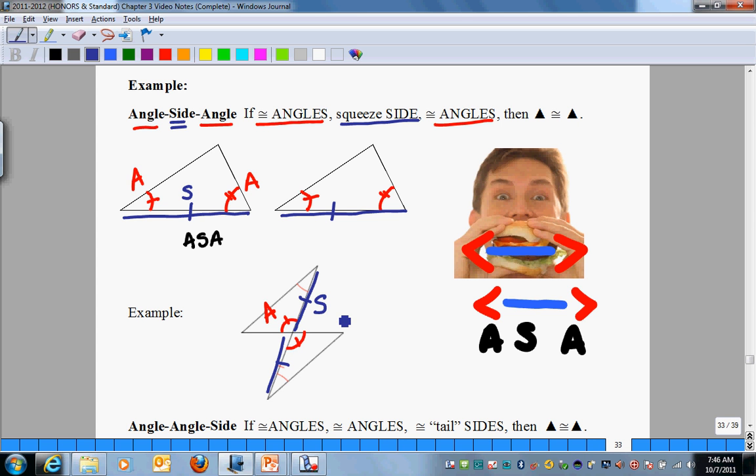Put an S. And then you see another pair of angles. We're going to put an A. So as you can see, this creates a hamburger. So this is called angle, side, angle.